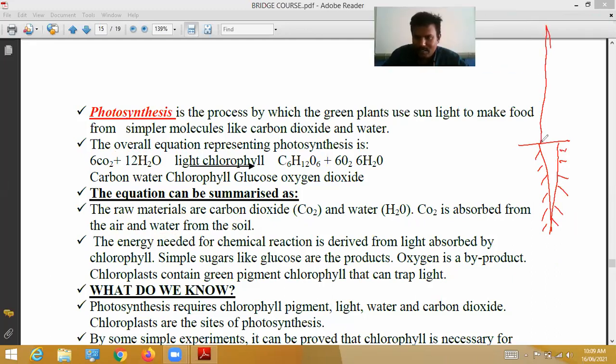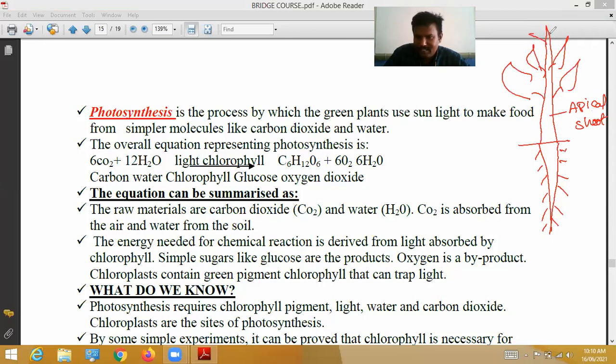This is the apical shoot. These are the leaf parts, the leafy area.